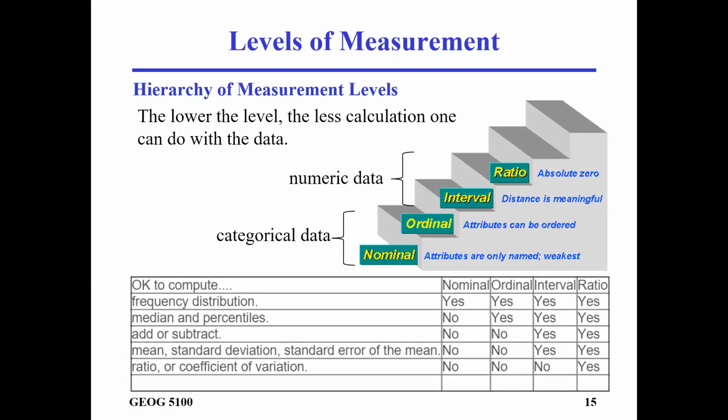And here is another table telling you what you can do and you cannot do with nominal data, ordinal data, interval data, and ratio data. I'm not saying that you should memorize them, but in future, when you are facing different geographic data sets, when you're looking at a huge table with different entries and columns, the first thing you need to be sensitive about is the type of data. Say for column 1, it's for population, it's ratio data.